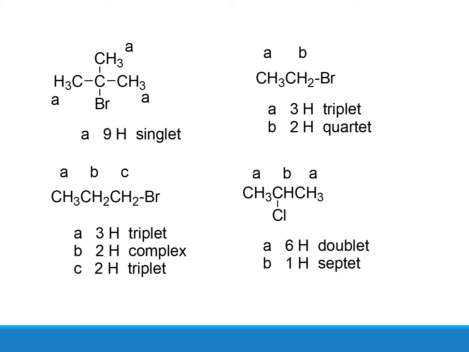The methylene hydrogens near the bromine will split the neighboring 3 hydrogens into a quartet, whereas the methyl hydrogens in A will split the 2 hydrogens near the bromine into a triplet. In such a way you can use this to understand the splitting in propyl bromide or 2-chloropropane.